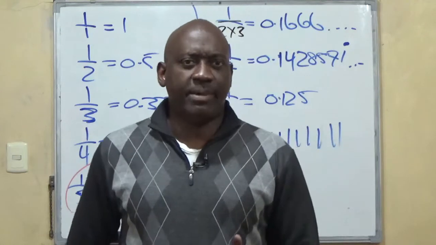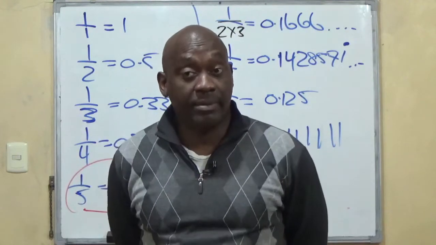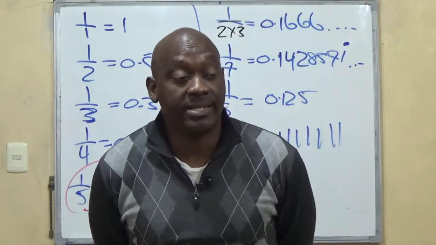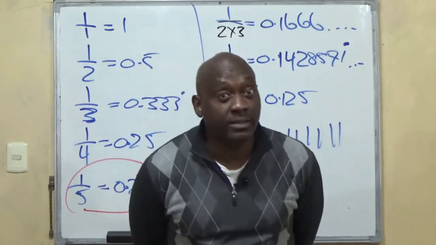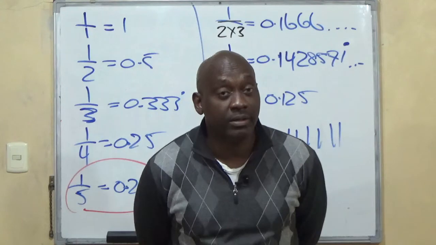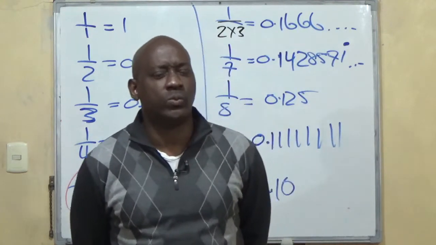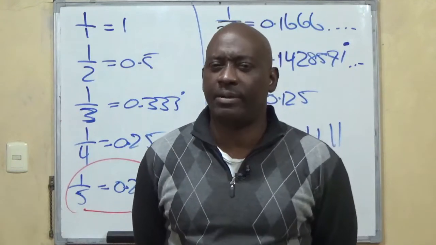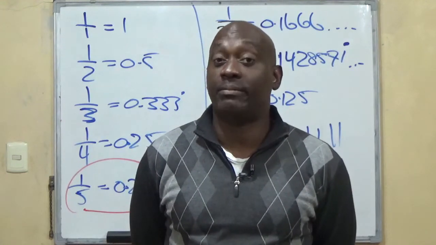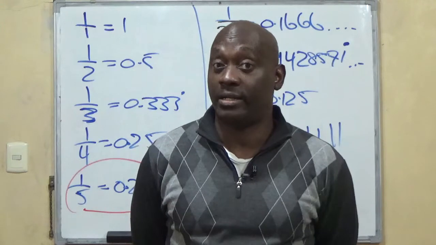Remember, a prime number is a number that can only be divided by itself and 1. So if you're looking for factors of a prime number, you'll only get 2. The only 2 factors of a prime number are the number itself and the number 1.